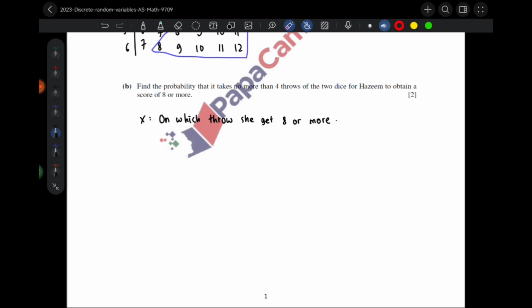We need to find no more than 4 throws, so X can be 1, 2, 3 or 4. We count the probability of each of these X. So probability of X less than or equal to 4 equals probability X equals 1 plus probability X equals 2 plus probability X equals 3 plus probability X equals 4.